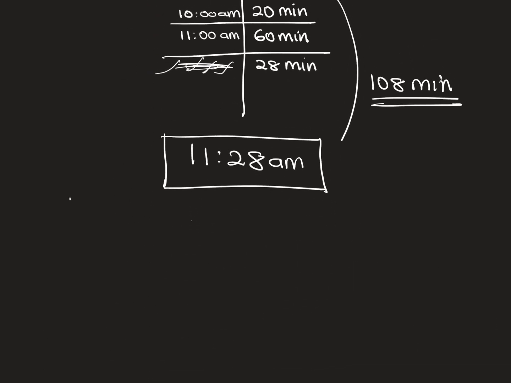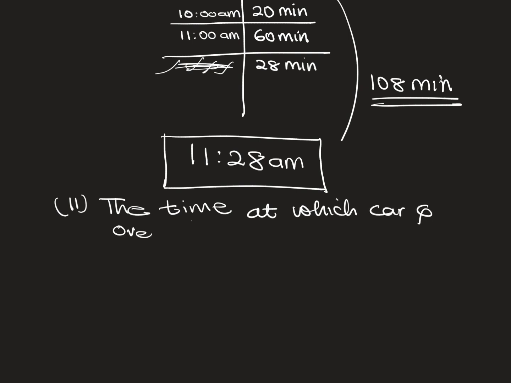So to give the final answer to question 2, the time at which car Q overtakes car P is 11:28 a.m.